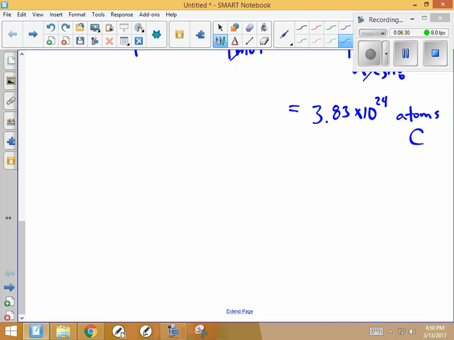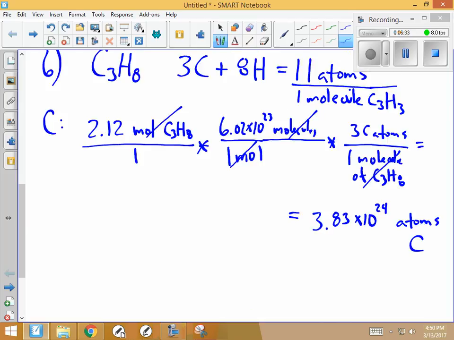And the second part is the same thing. Right over here, we had 3 carbon atoms per molecule. Now we're going to use 8 hydrogen atoms, and we're going to find hydrogen.